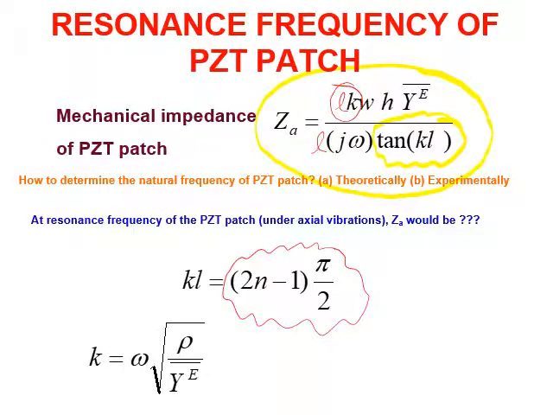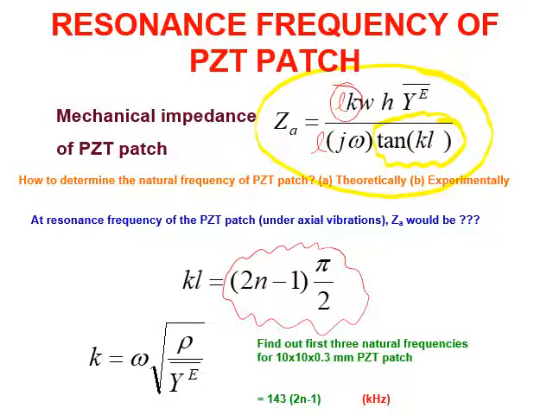Here this term kappa is the wave number, as we have seen in the previous lecture. If we input here the values of the piezoelectric patch, I gave you this homework, using the parameters of PIC 155, which we'll show you in the next slide, you can get an expression something like this: 143 (2n minus 1).